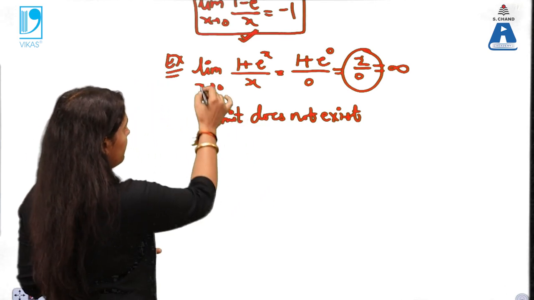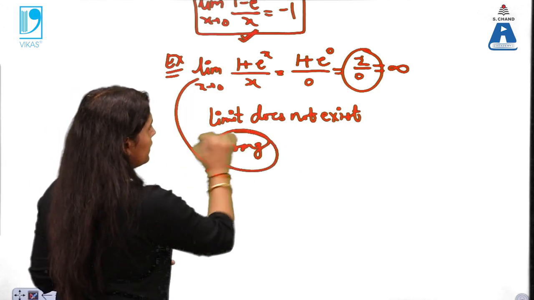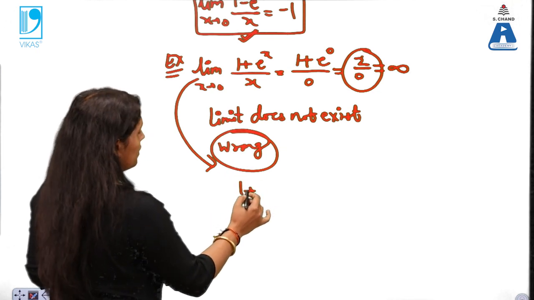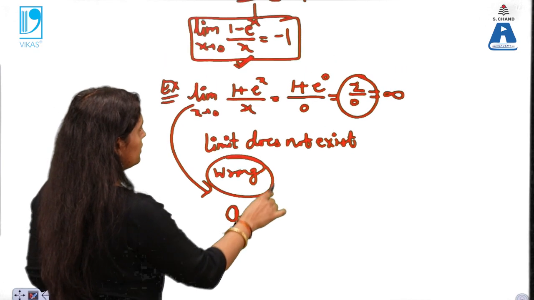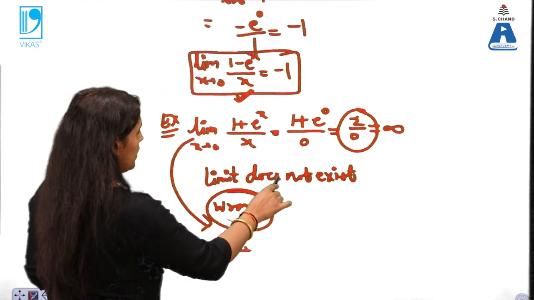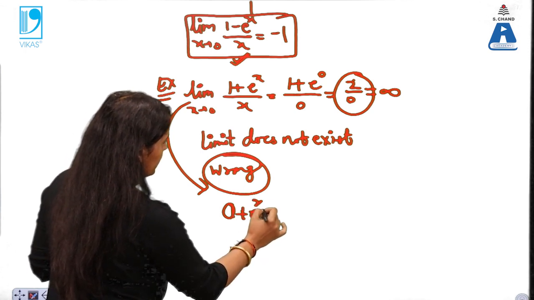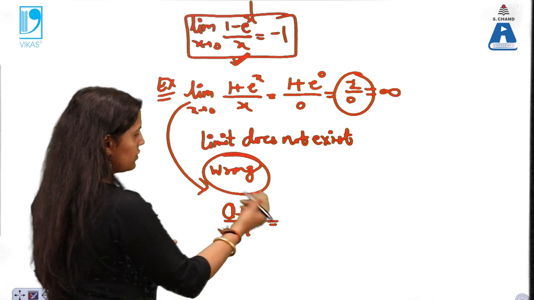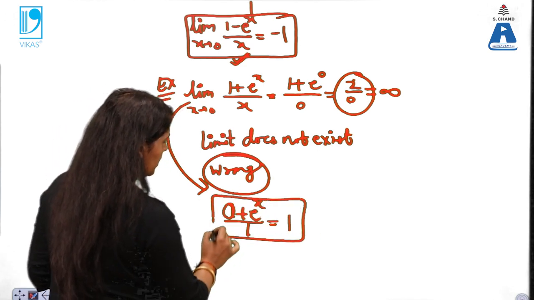If you apply the L'Hopital rule here, the wrong part is, it becomes 0, the way you did in this question, and e to the power x derivative is e to the power x, derivative of x is 1, and when you are just substituting e to the power 0, the answer is coming out to be 1.